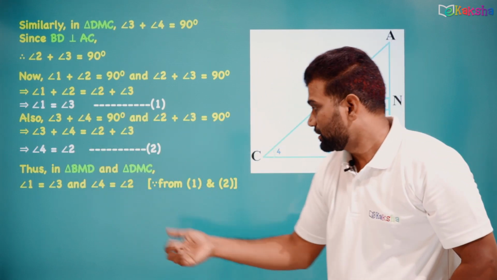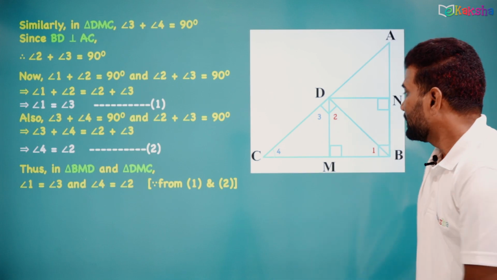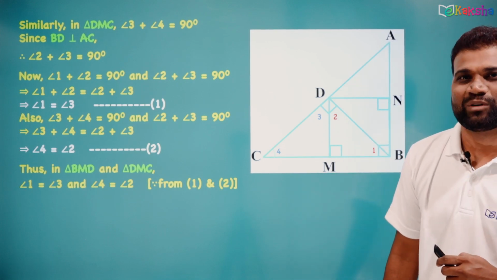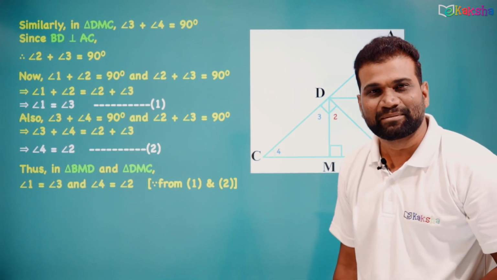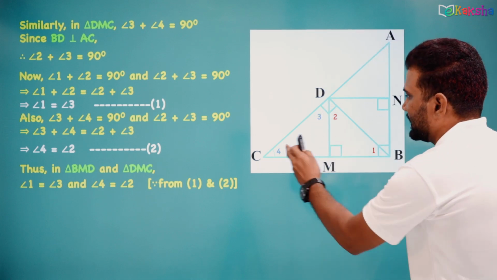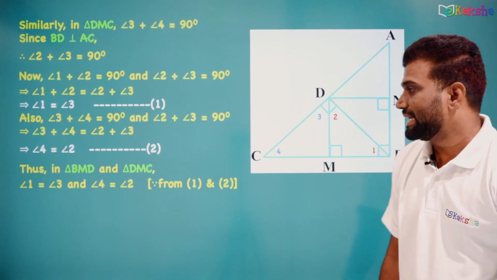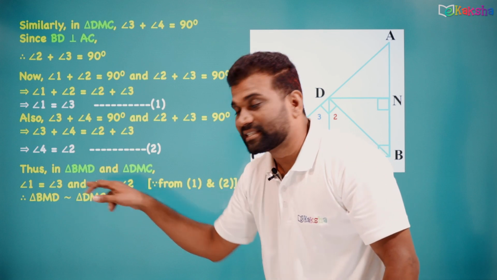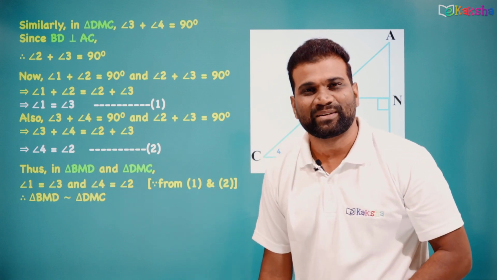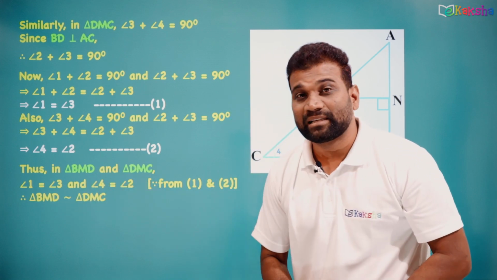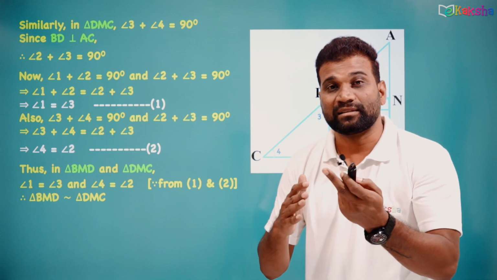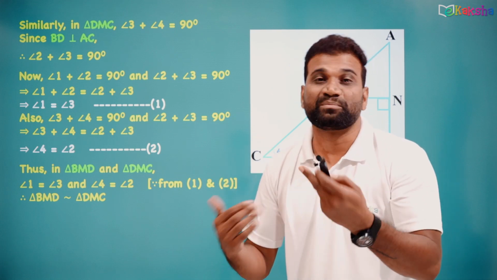So from 1 and 2, by AA similarity, these two triangles are similar. When two triangles are similar, what can we derive further? Their corresponding sides are proportional.